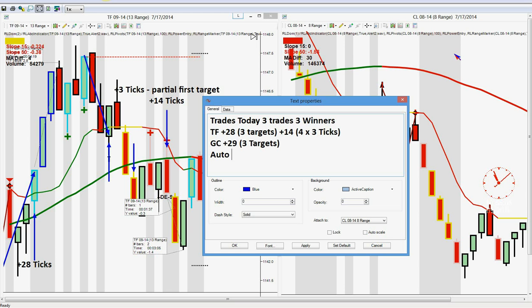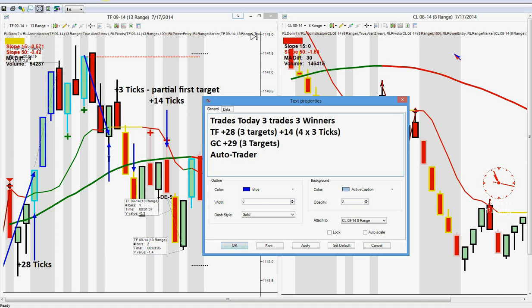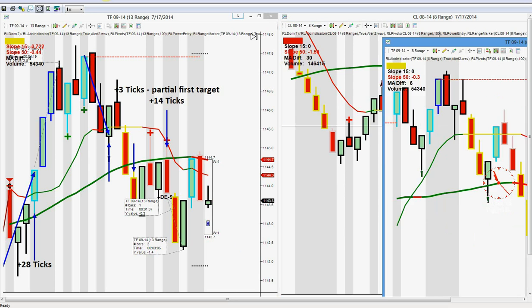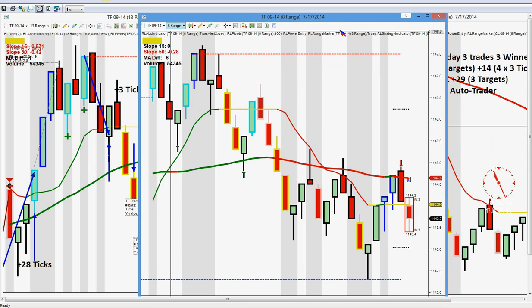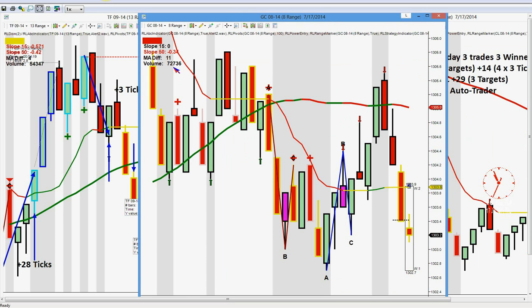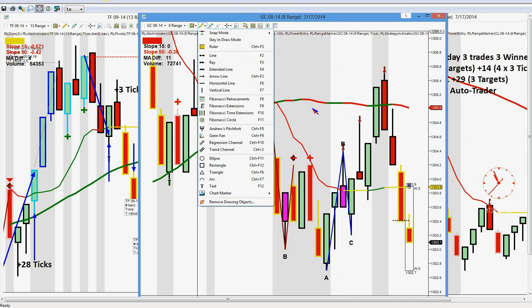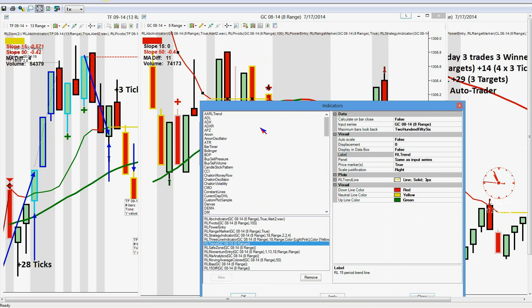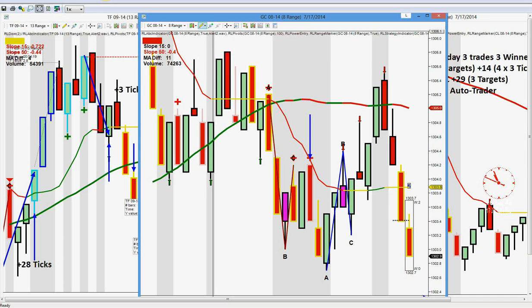Now the auto trader, I'm going to show you the auto trader trade. Now the only loss the auto trader has had in almost 2 weeks. We didn't count the auto trader win yesterday. Let me just bring this over. I'll show you the auto trader win. So on an 8 range gold, right here. What a beautiful trade. And if there's any questions, I'll be happy to answer them.